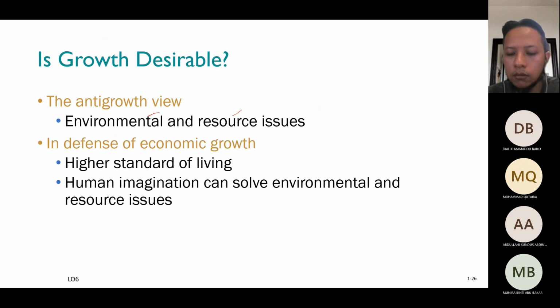So if you want to have growth, you want to export, for example, metal or natural gas or petrol. You have to go into the environment and take it out from the ground, and this may cause destruction to the environment as well. Another aspect is in terms of growth, but also in terms of disparity.